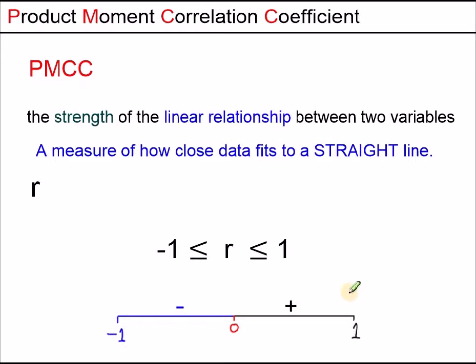So we're using a numerical value on this scale to represent the strength of correlation and whether the correlation is positive or negative, instead of the usual wording that we use where if we have strong positive correlation, weak positive correlation, no correlation, weak negative correlation, strong negative correlation. So we're actually quantifying the strength of the correlation rather than just giving word descriptions.